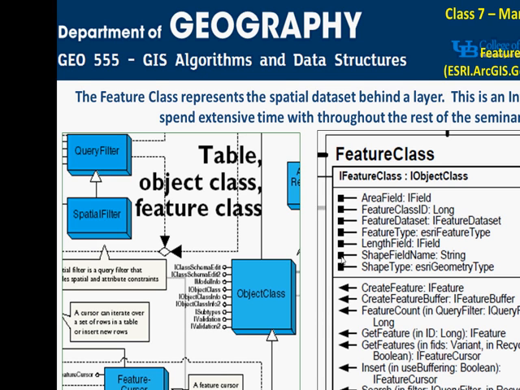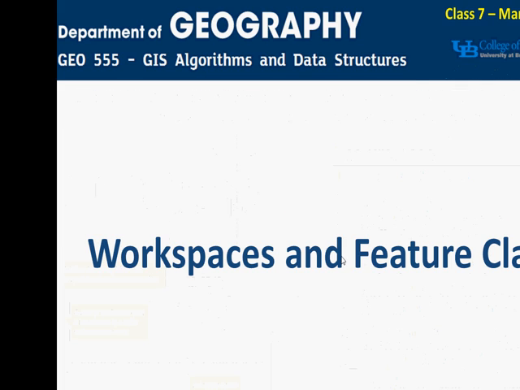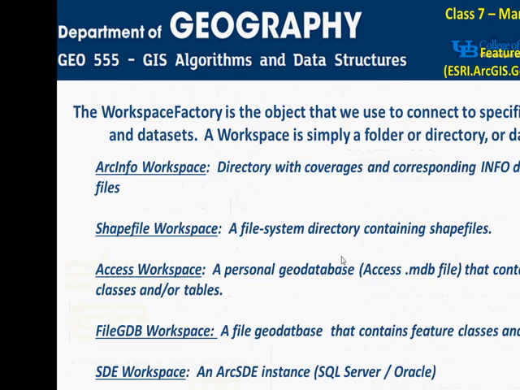So a search on a feature class lets you build an attribute query. CreateFeature lets you create a brand new shape. You'll do that in Lab 7, and so on. So this is an important interface to be aware of in ArcObjects. So that's the feature class. But if you remember, the slide showed something called workspaces.